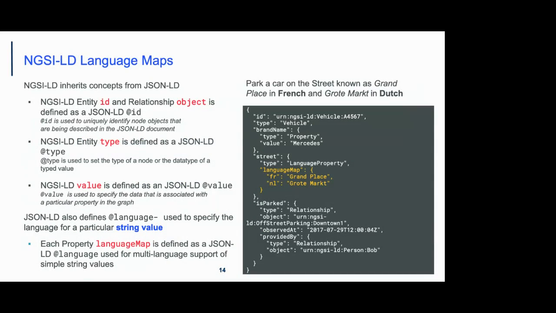Okay, this is one of the things for the smart tourism and smart city people more than anything else. NGSI-LD language maps. There is a concept in JSON-LD where you can have multiple strings associated to a single attribute.